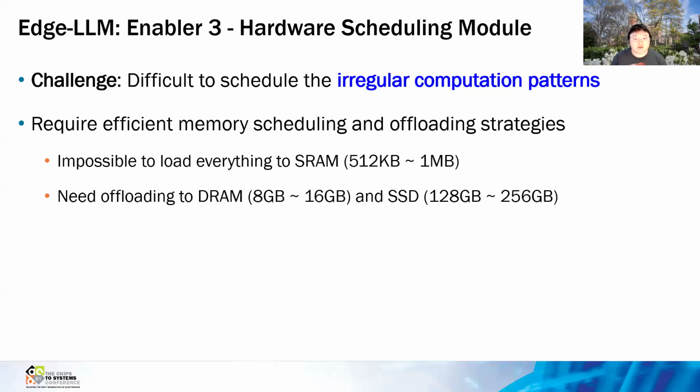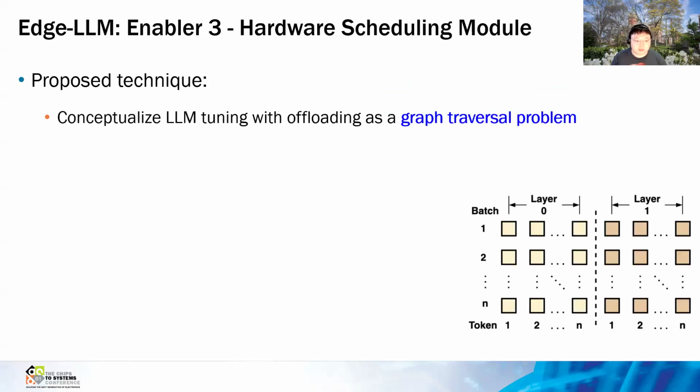So it requires an efficient memory searching and offloading strategy. This is because it's impossible to load everything into SRAM, which has as little as 1 megabyte of storage. So we always need to offload something to DRAM and SSD.